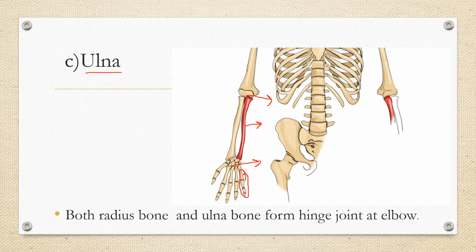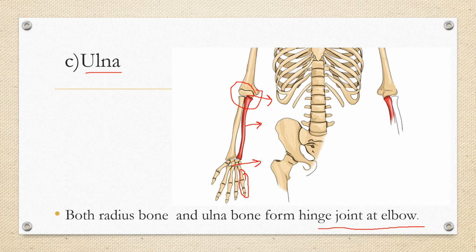Both the radius and ulna in your lower arm form the hinge joint at the elbow. This joint is a hinge joint. A hinge joint means this joint can move only in two directions. You can move your arm with the help of this joint towards your biceps or away from your biceps.